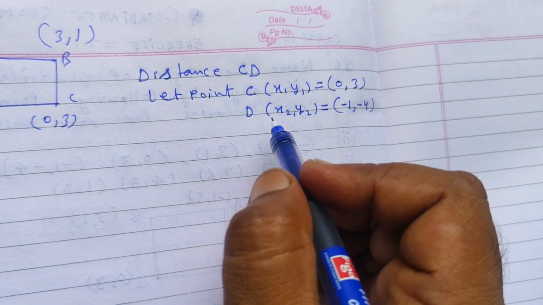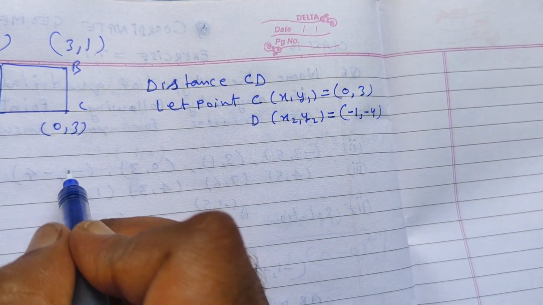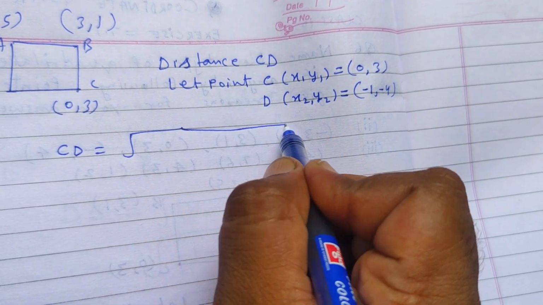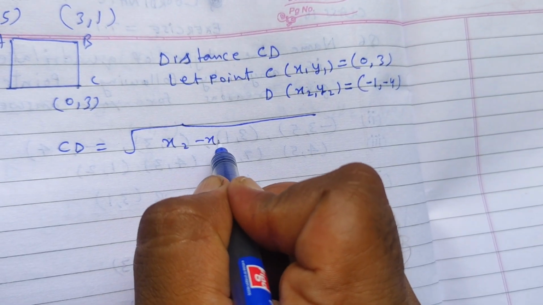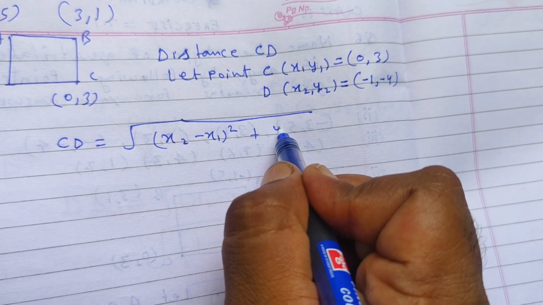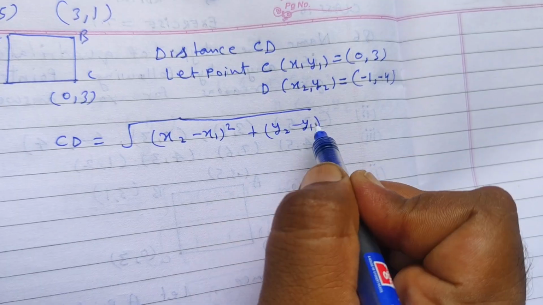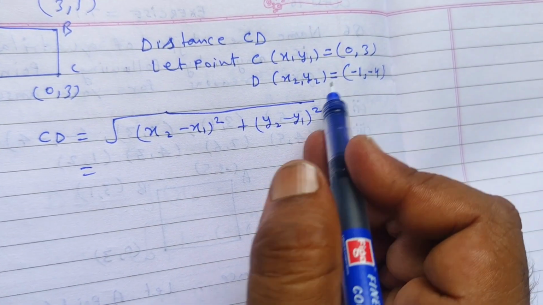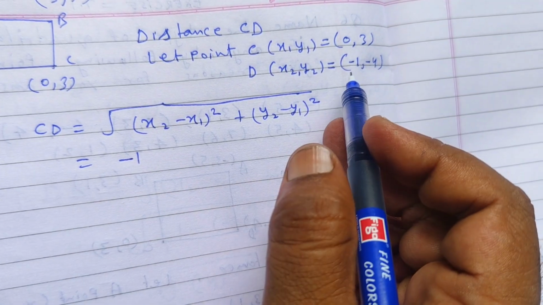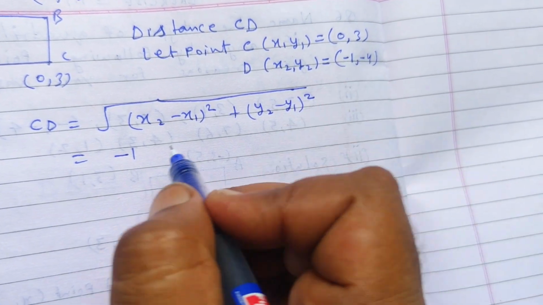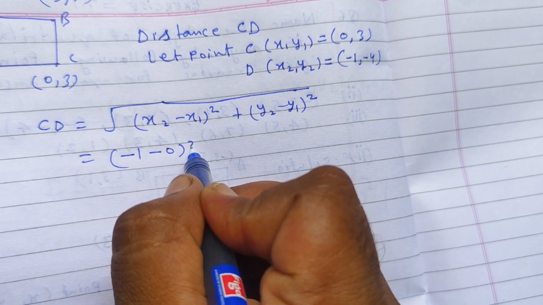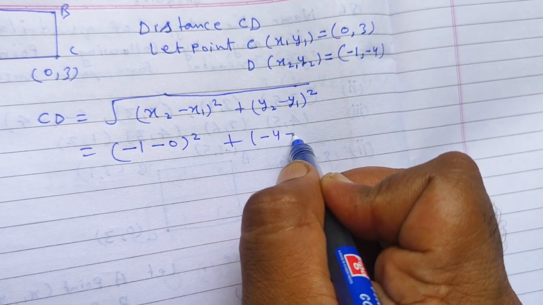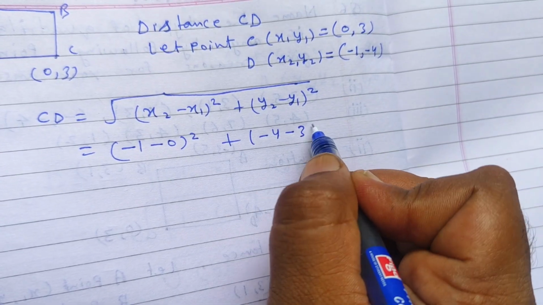So the CD distance is the square root of (x2 minus x1) squared plus (y2 minus y1) squared. x2 is -1, x1 is 0, y2 is -4, y1 is 3.